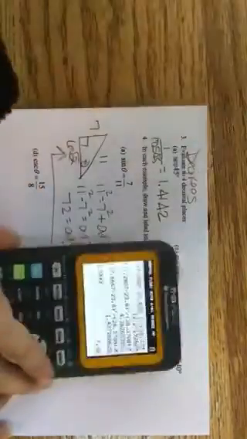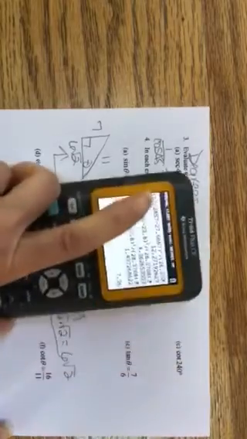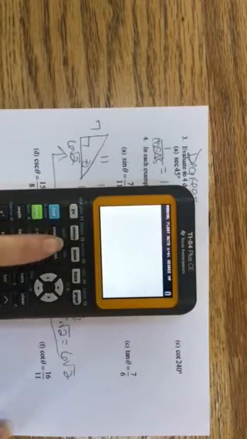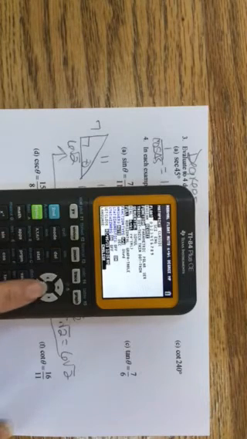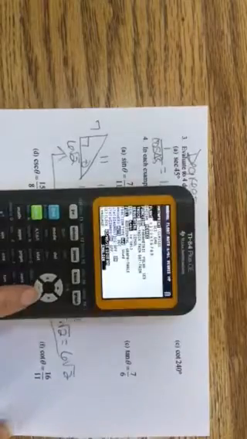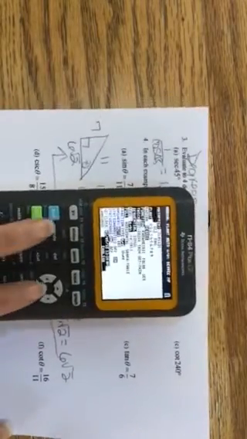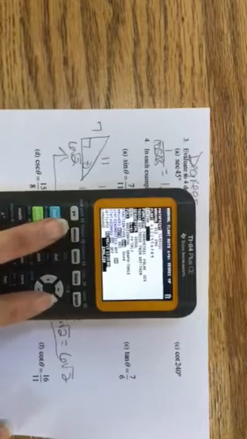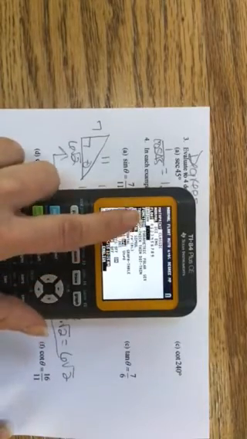And if you just turn your calculator on and hit mode, you'll notice that one of the very first ones is radians, and that's degrees. If you clear your calculator, it always goes back to radians, so make sure it's in degrees.